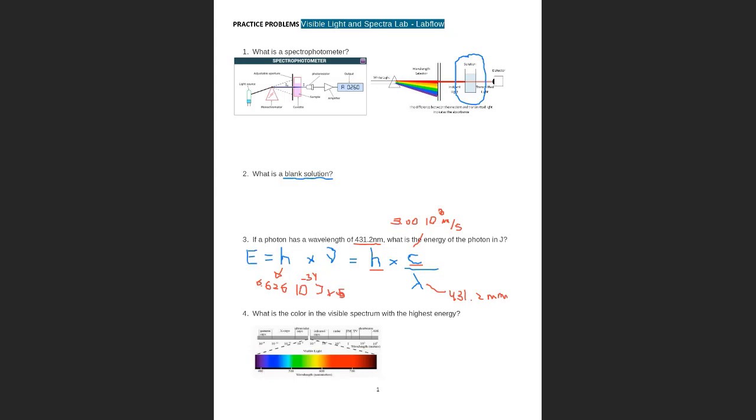Because the units of the speed of light are in meters, and this is in nanometers, we need to use a conversion factor.